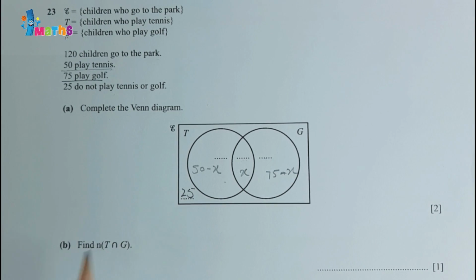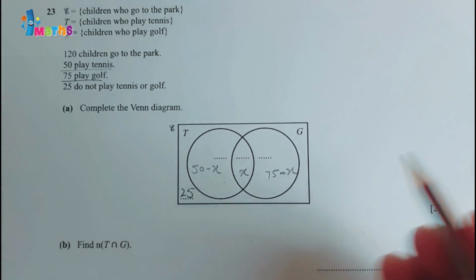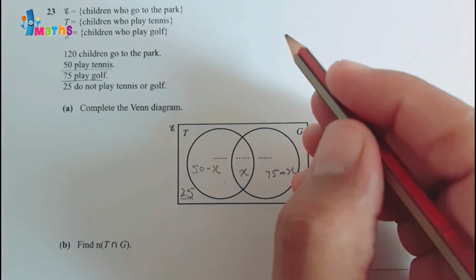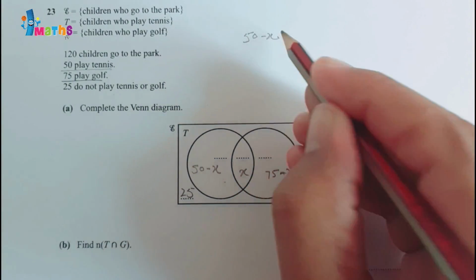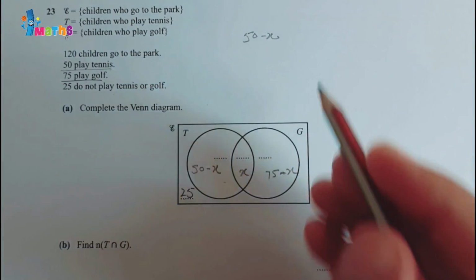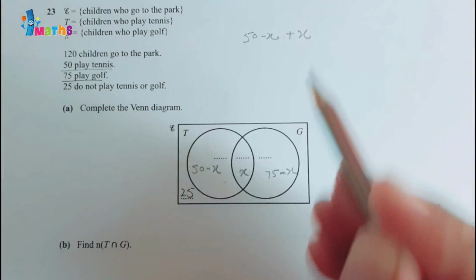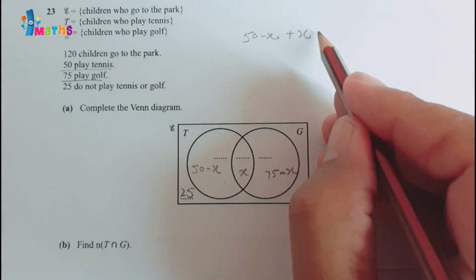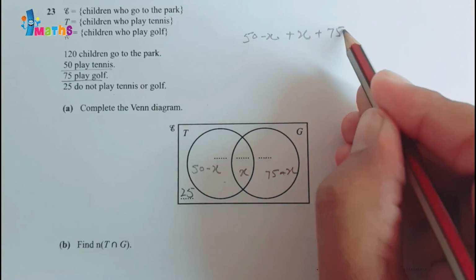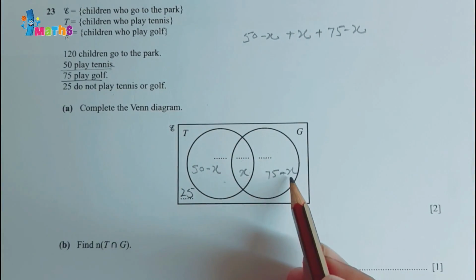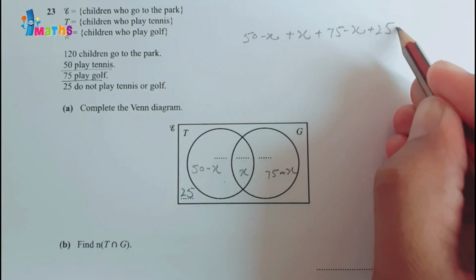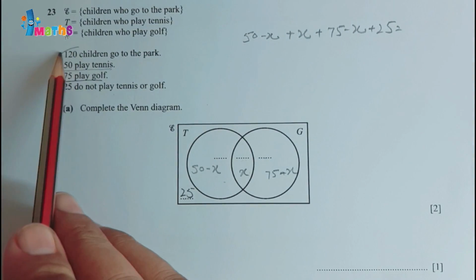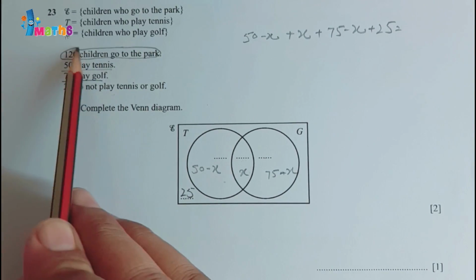So now we can write down the equation. I will write the equation over here: 50 minus x, this one, plus x, this one, plus 75 minus x, this one, plus this 25, is equal to the total universal set, which is 120 children.